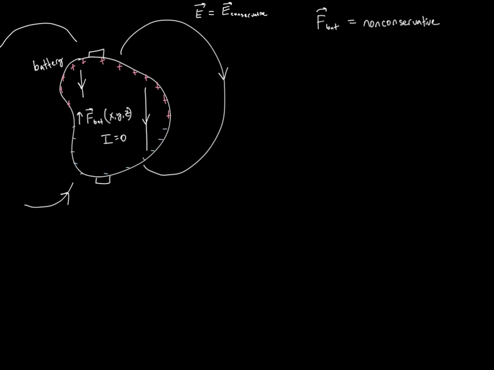And it's important to remember that this F sub bat is probably extremely complicated. There are ions involved, there's all sorts of stuff involved, but we're abstracting all of that away into just some general non-conservative force called F sub bat. Okay, so inside the battery, the electrostatic E field produced by this charge separation is going to perfectly cancel out F bat.